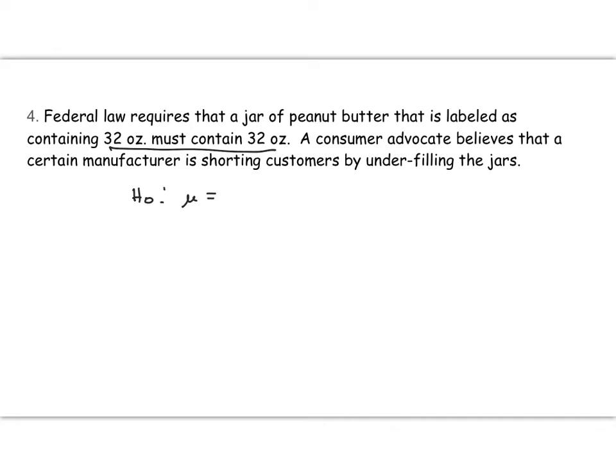So our null hypothesis is that our mean is 32 ounces. And then our alternate hypothesis, where the consumer advocate is checking a claim that the jars are underfilled, so that means the mean would be less than 32 ounces.